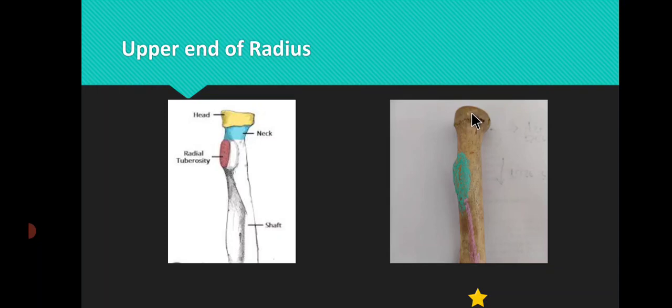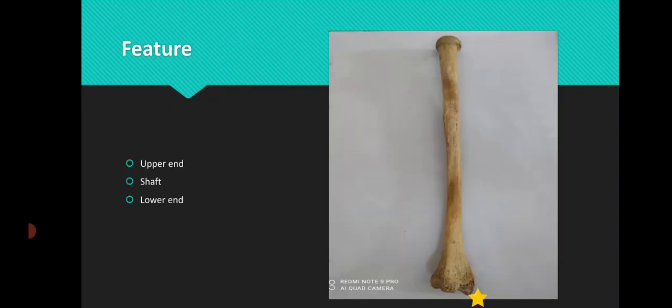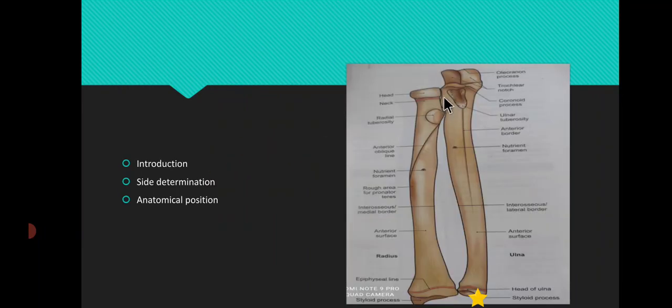This is the peripheral margin of the head of the radius. On the medial aspect it articulates with the ulna to form the superior radio-ulnar joint, while the rest of the head is covered by the annular ligament.